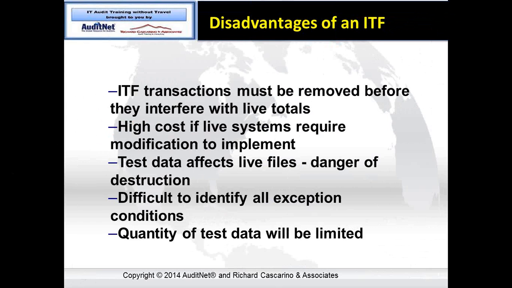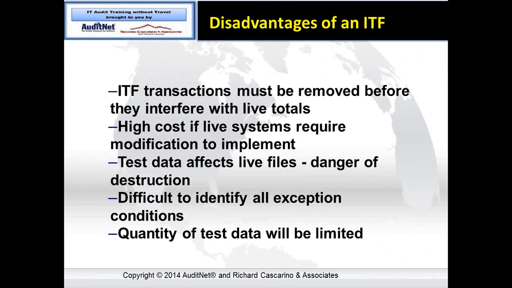If it means that you're going to have to change the live system to allow single-sided journal entries, you have just compromised the security on your live system. So there's a high cost if those live systems require modification. You're affecting the live files, there's a danger of destruction. In the same way as running test data, it's difficult to identify all possible exception conditions, so your quantity of test data will be limited.